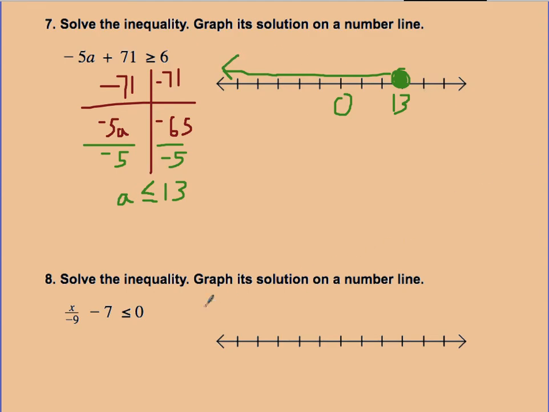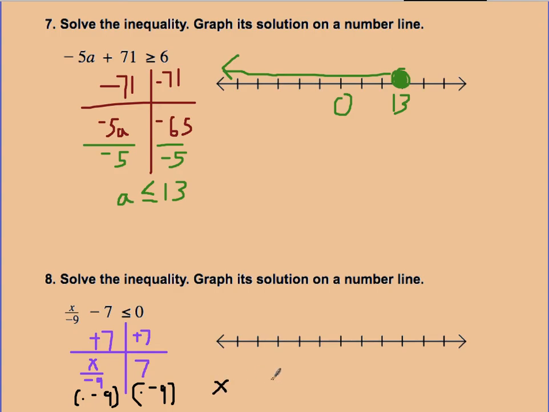All right, let's check out the last one on our study guide here. So same idea. Look for inverses, plus 7. So we got 7 here. We got x over -9. And then we're going to multiply by that -9, so times -9, times -9. And I'm going to finish writing that over here.